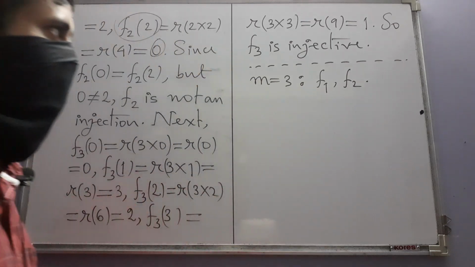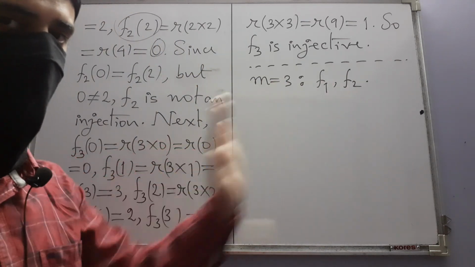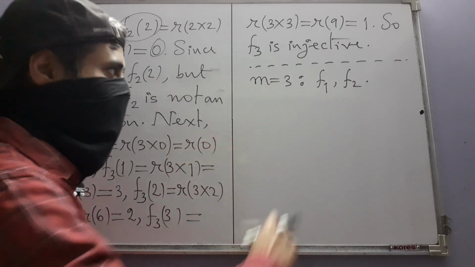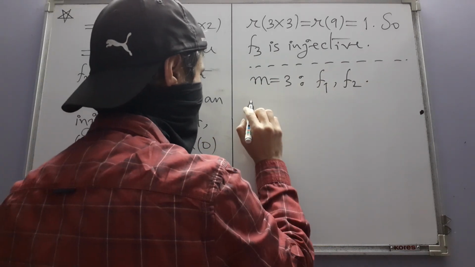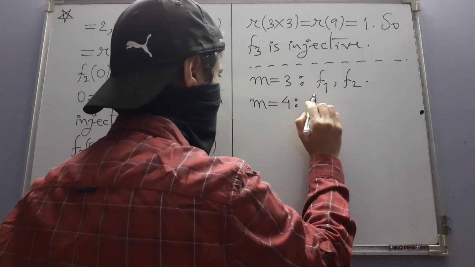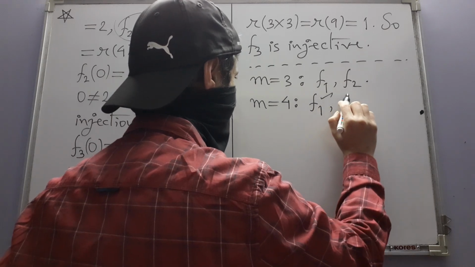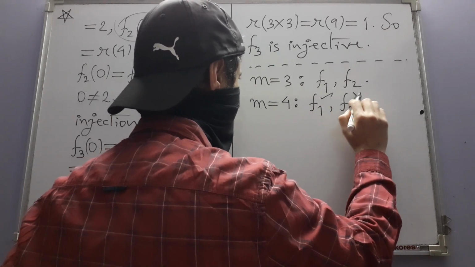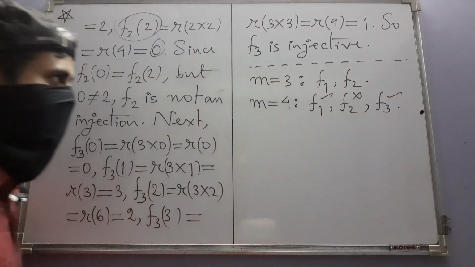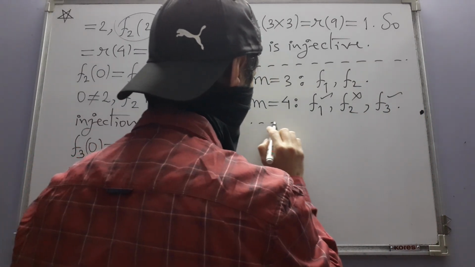Both, and these are the only functions that can be thought of in this context, because our suffix a cannot be 0, and these are the only two other values available. When M is 4, F1 is injective, F2 is not injective, but F3 is injective. Do you see a pattern here?